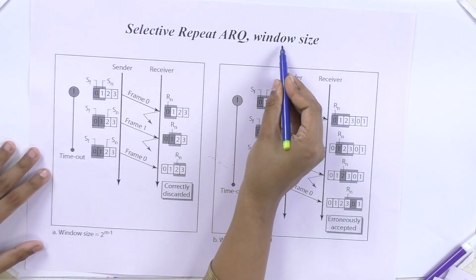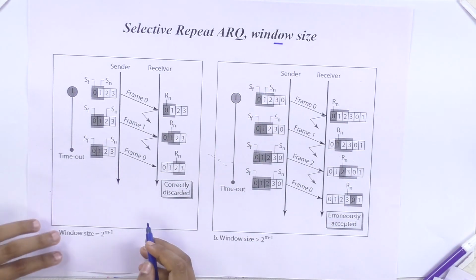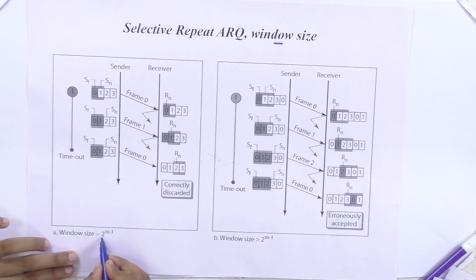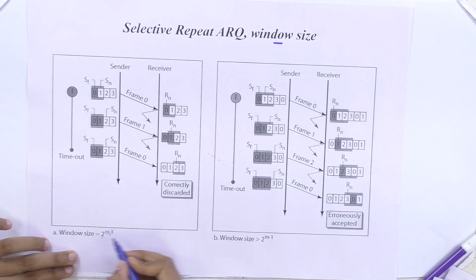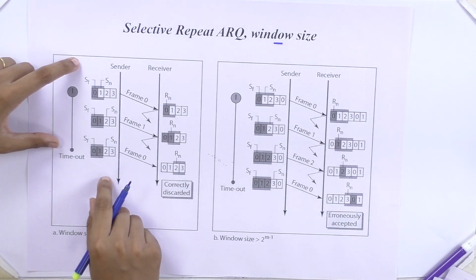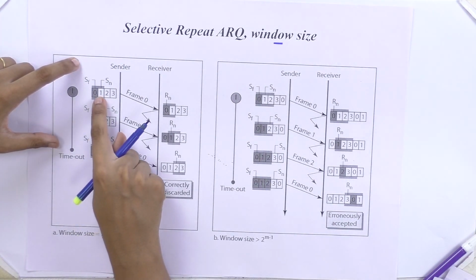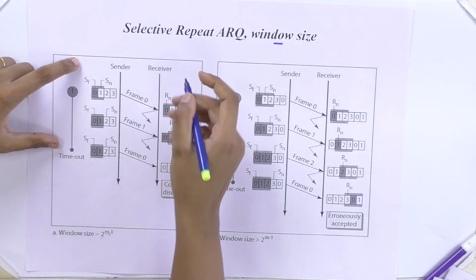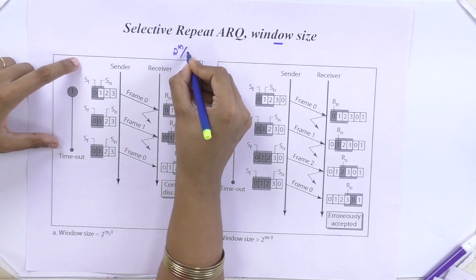So here also we do a window size comparison, which is 2 power m minus 1. As I have mentioned already, the window size of both the sender and receiver should be half of your sequence number.